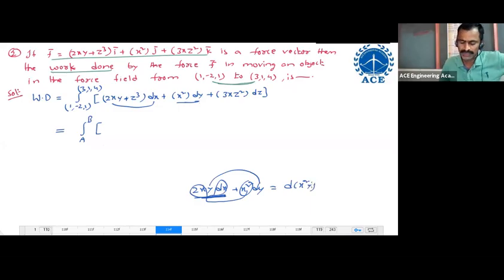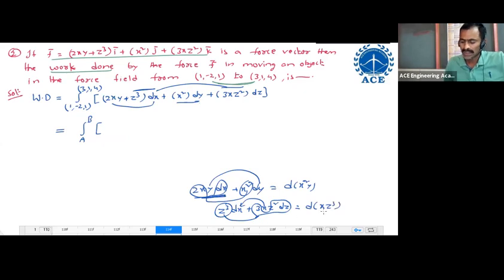Next, this term and this term only: z cube dx plus 3xz square dz. Z cube differential is 3z square dz only, and x differential is dx. It is in the form of d of xz cube only. So differential is possible. That is why the given function is irrotational.